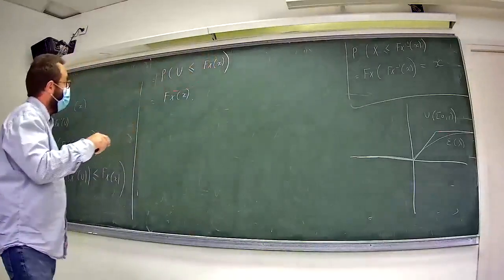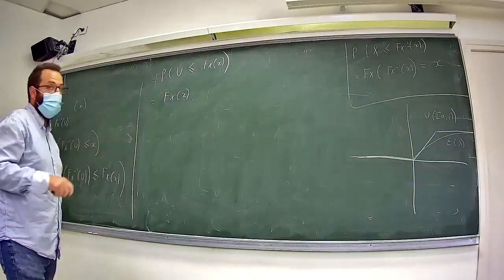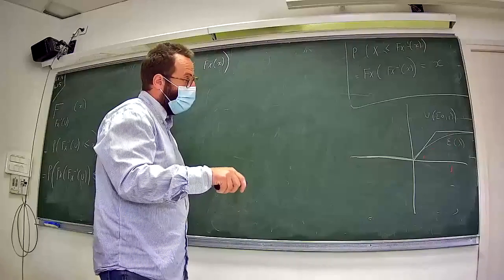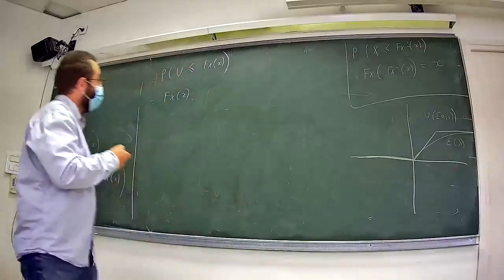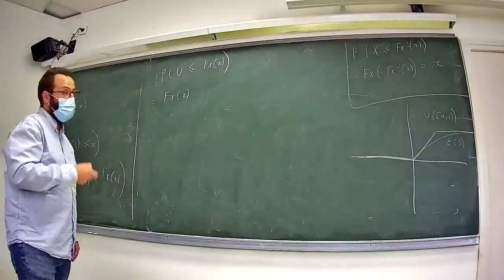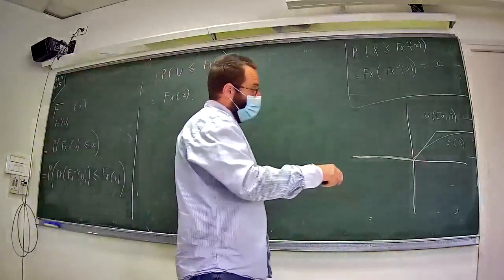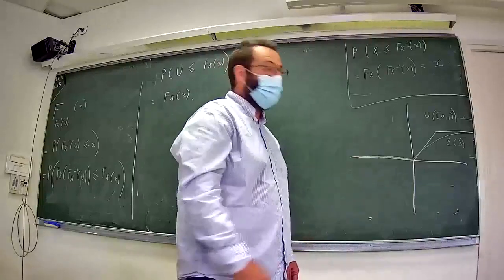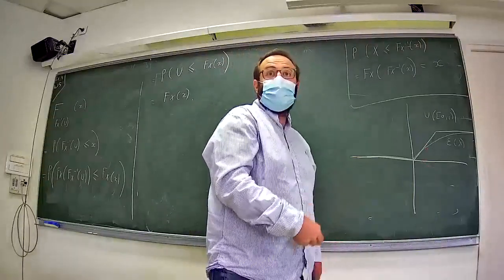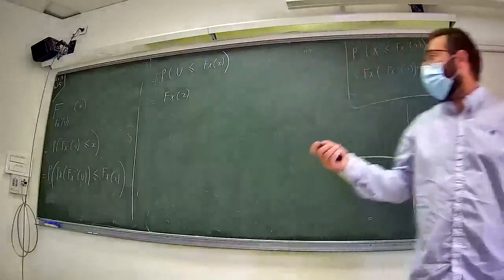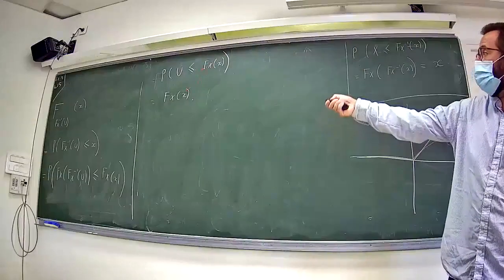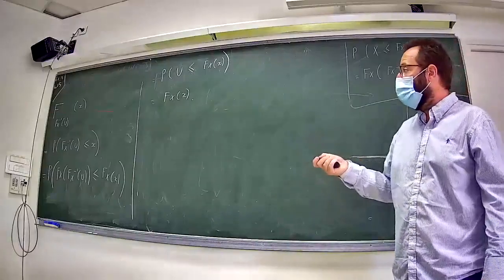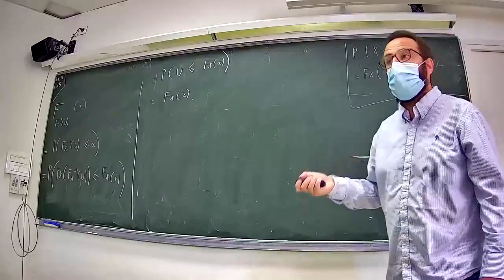So in order to have the value of this probability, I just have to check if I am between 0 and 1, or if I am after 1. And I just say that this point is between 0 and 1. So the value of the distribution function of U at this point is equal to the identity, that is exactly this point. It's exactly what I have written, this one and this one. That allows me to conclude that both distribution functions are equal.